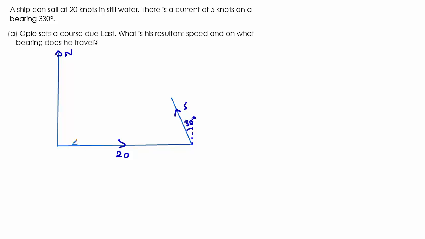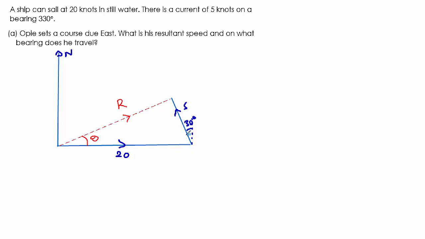So what he actually does is the third side of the triangle. So this is his resultant speed. And if we can find this angle, then we'll have the direction, the bearing of his travel as well.